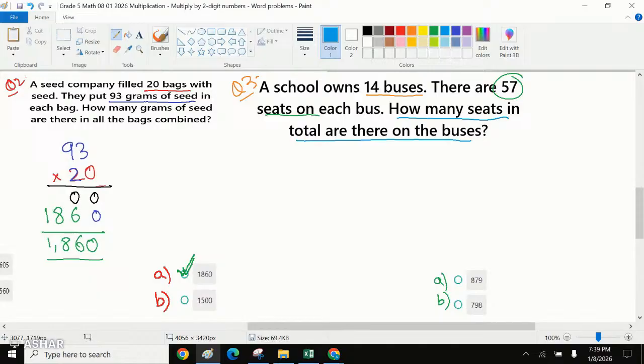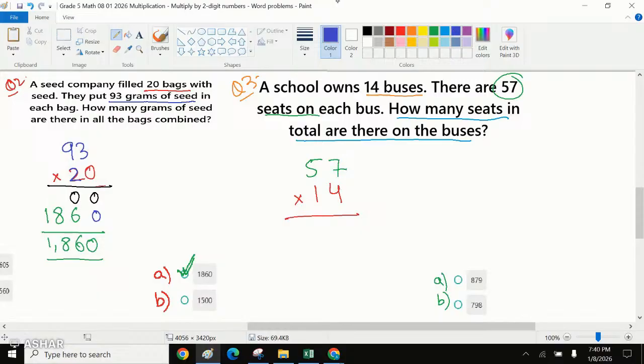If they would own two buses, that means 57 multiplied by 2, that would be 114. But if they own 14 buses, then what should be the total? 57 seats on 14 buses, right? Can I have the answer?